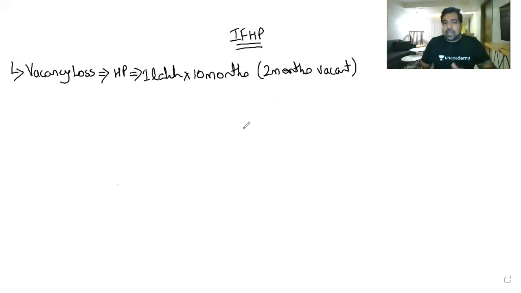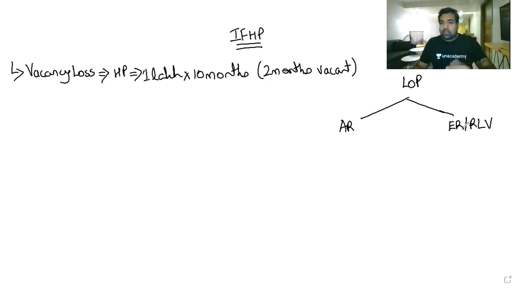Now let's try and understand how vacancy loss works. We will do a quick question on this. Now, the moment this house is a let out house property, they want to compare your actual rent with the expected rent, or the reasonable lettable value which the government feels you should get from this house.